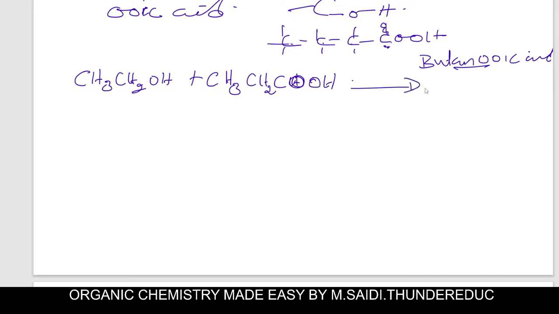For this reaction to take place, I will need sulfuric acid, not just sulfuric acid, concentrated sulfuric acid. Don't stop there. I will need to heat a bit. Then I'm going to have an ester plus H2O, meaning it looks like a condensation reaction because I've produced water. Anyway, let's continue. How do I form that ester?